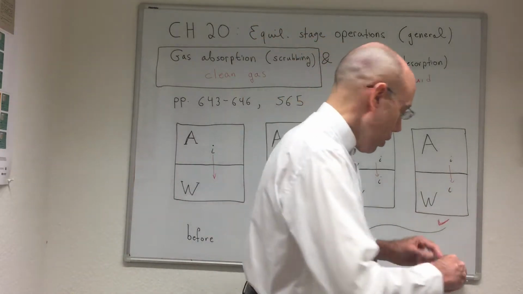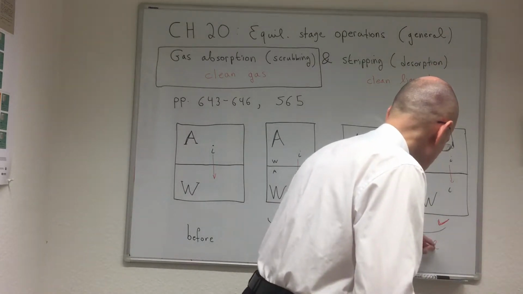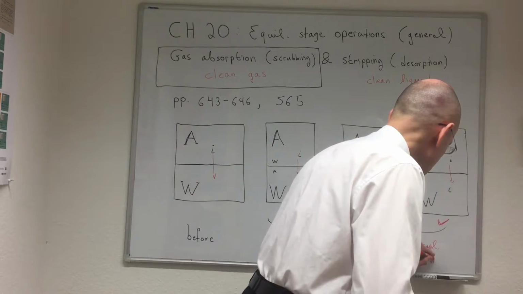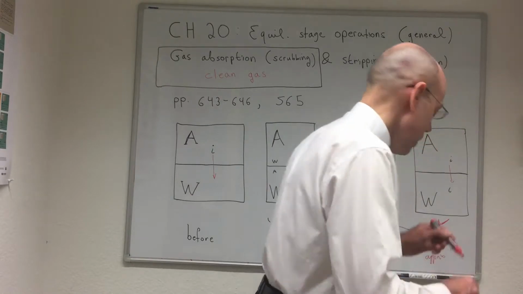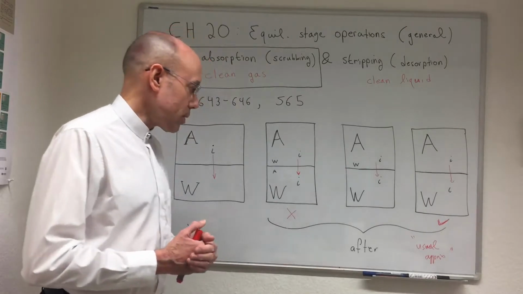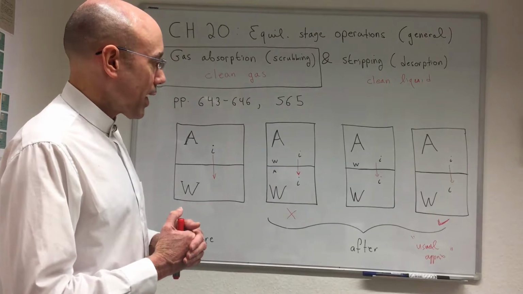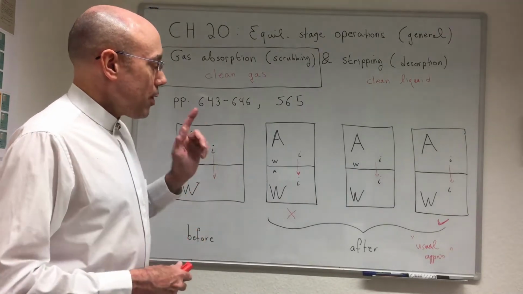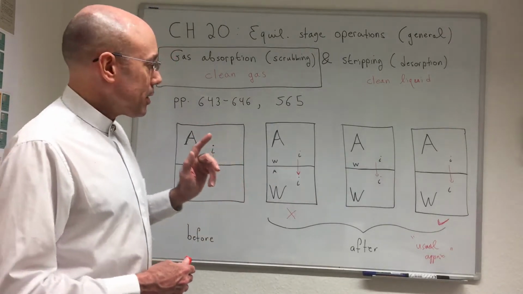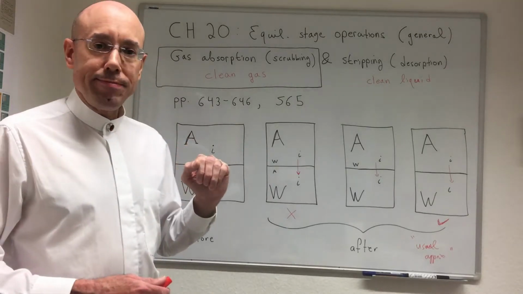These are the usual approximations. This is what you usually assume because it's just a very reasonable approach to get good results, reasonable answers for gas absorption. Okay, so there's one other thing I want to talk about, and that is how you actually do this calculation, and that's what we'll talk about in a second.